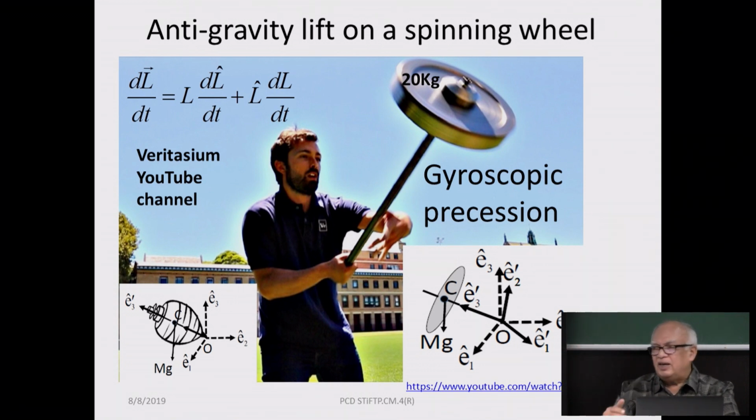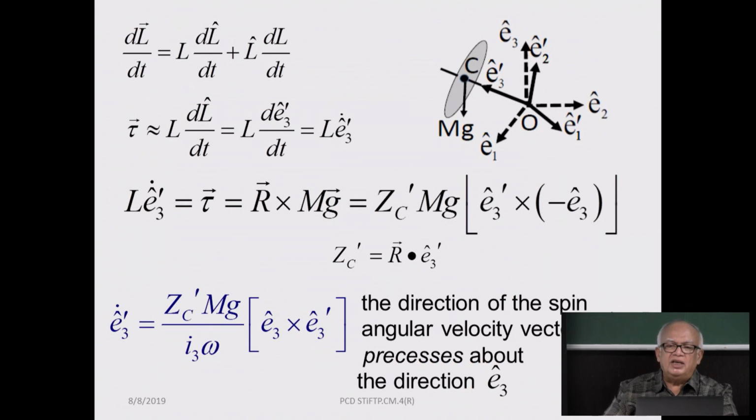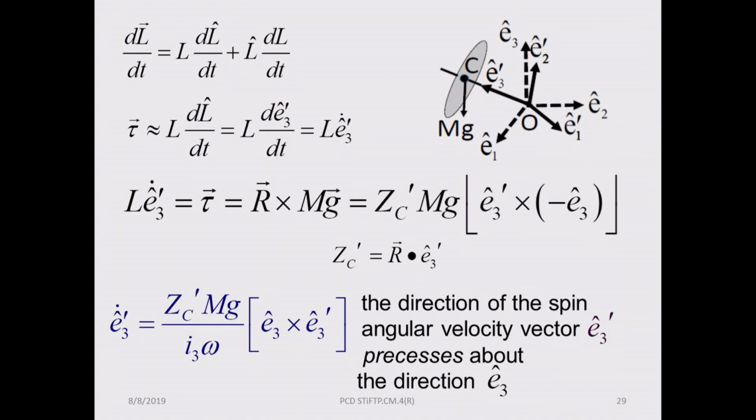It almost looks like anti-gravity, but please remember, it is not anti-gravity, it is actually gravity which is enabling this. It is the torque due to gravity which forces the direction of the angular momentum to change, and as long as he allows that to change, he is not going to experience any trouble, right?